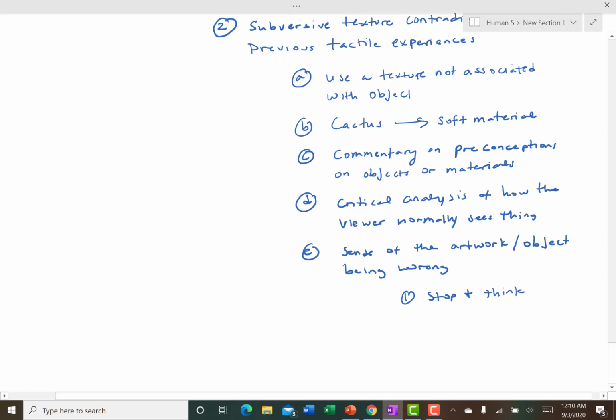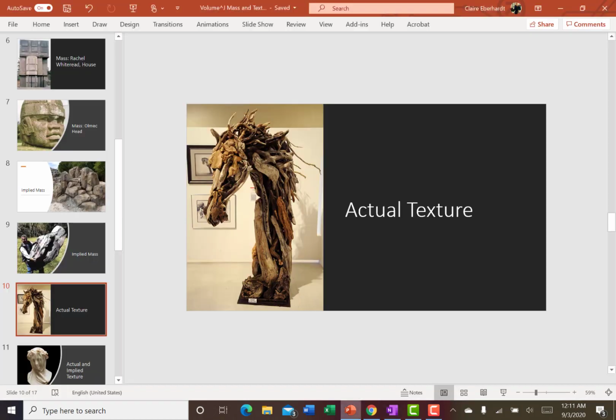If you just see artwork that is exactly what a cactus is supposed to be, and the textures used are what a cactus is, then you don't stop and contemplate that as much. But if you have something where it looks like a cactus and you're encouraged to touch it and you find out it's soft, no matter what, even if you want to just move on, it makes you stop and think. So let's look at some examples with that.